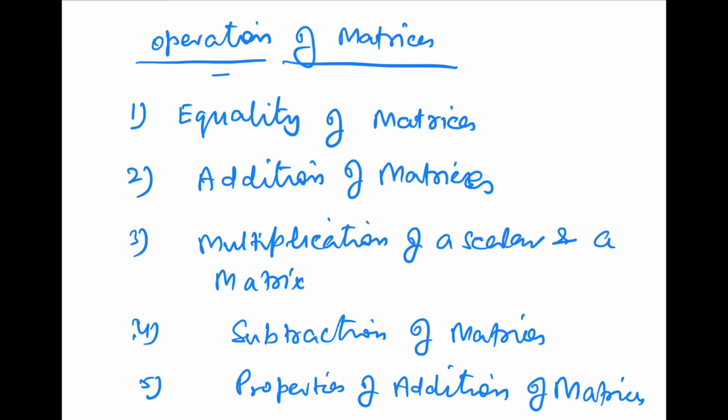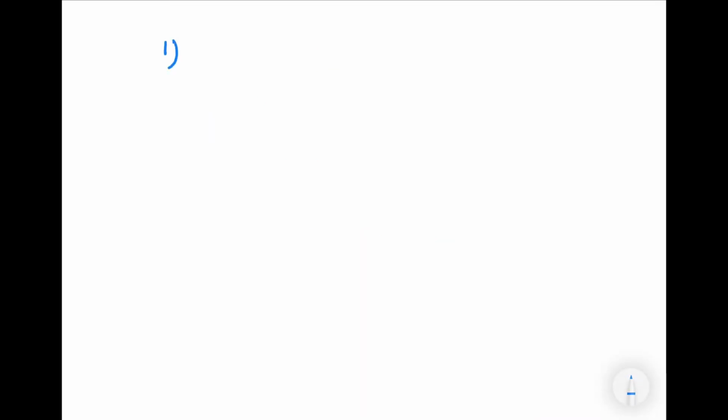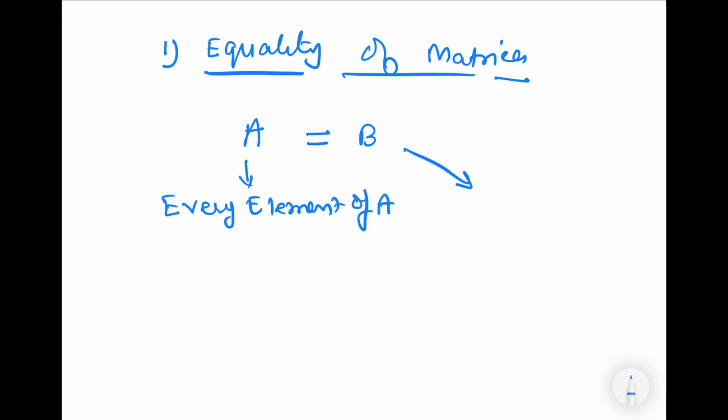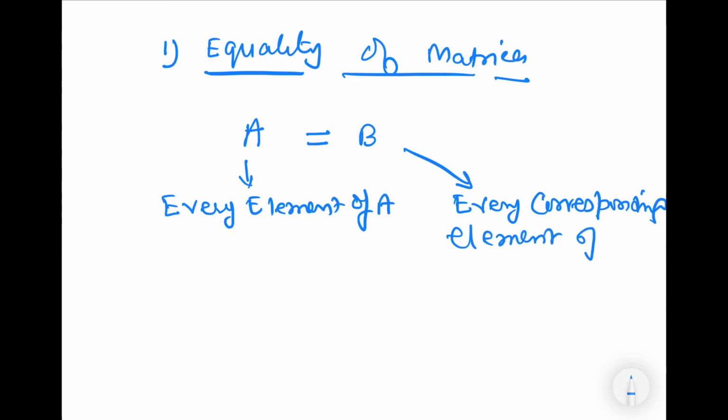So, first we will start with the meaning of equality of matrices. See students, two matrices A and B are said to be equal when every element of A is equal to every corresponding element of B. What does it mean?